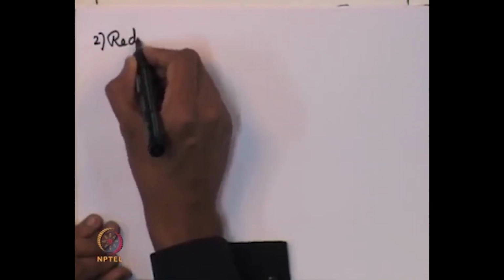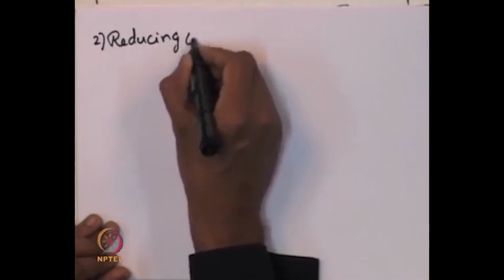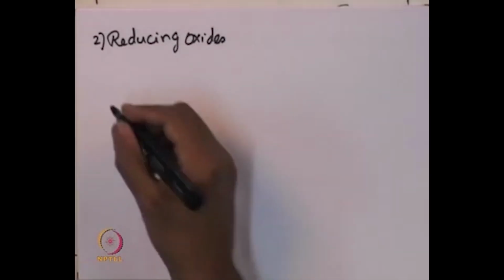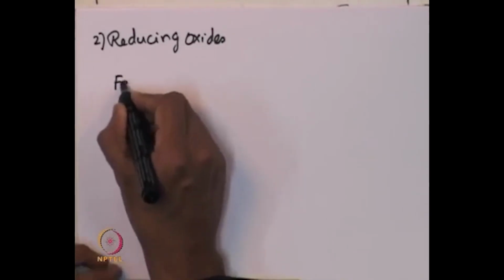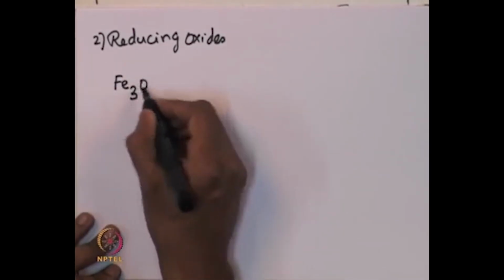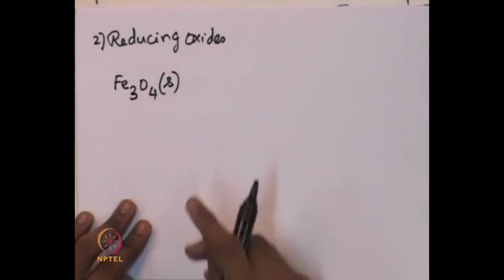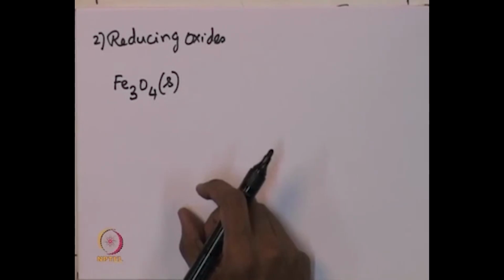Another example is where we have magnetite, which is Fe3O4, being reduced to form the metal iron. So the second example is reducing oxides. Fe3O4, which is present in solid form as a natural ore, is called magnetite.